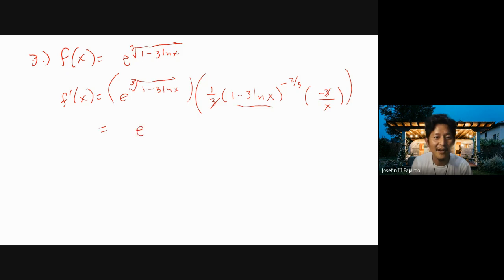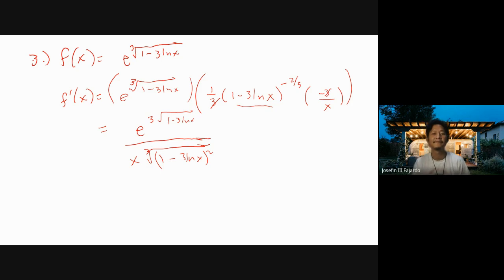So e to the cube root of 1 minus 3 ln x all over x, and then ito ay cube root ni 1 minus 3 ln x raised to 2. Ay, may negative pa pala. Okay, careful tayo dyan.